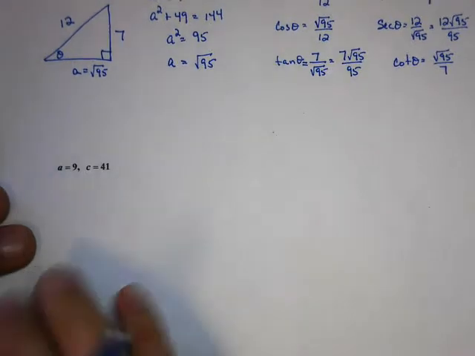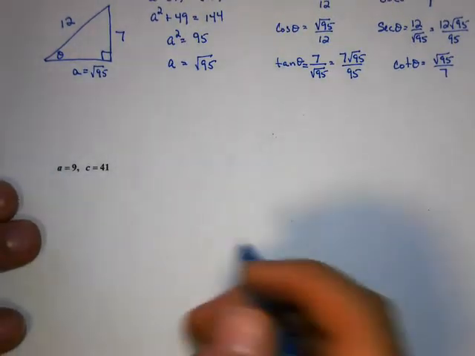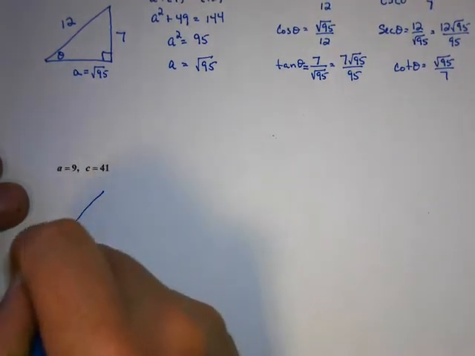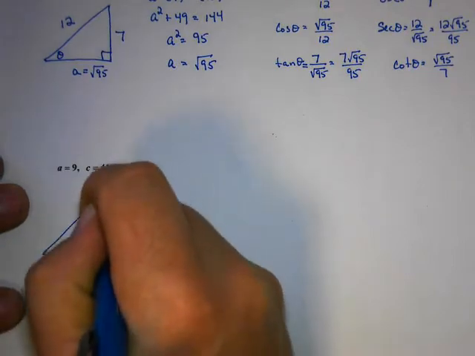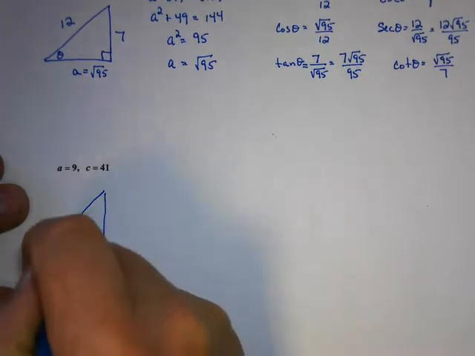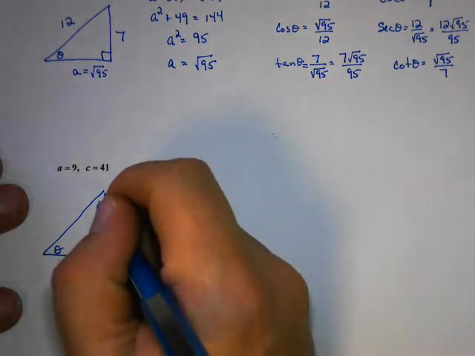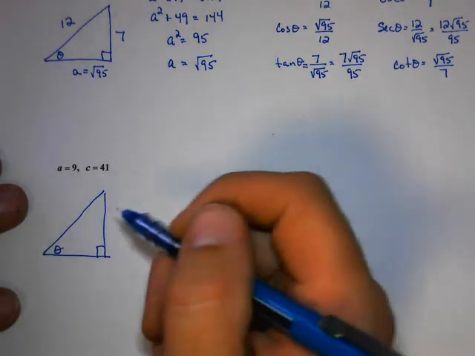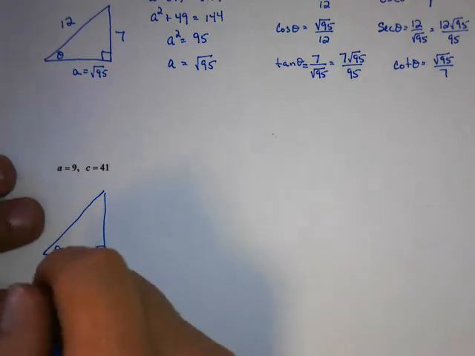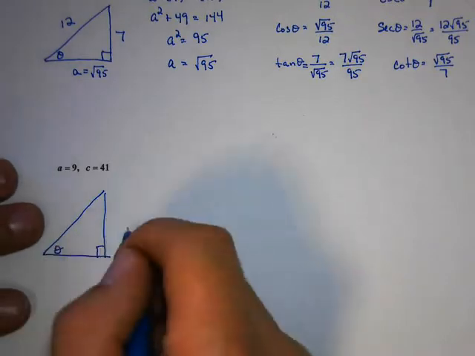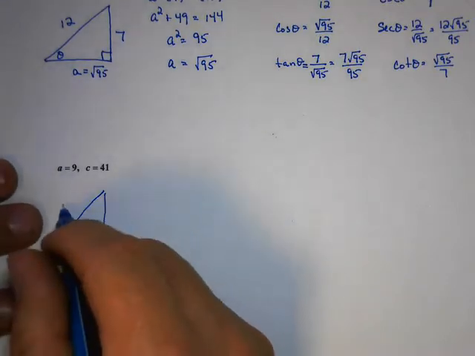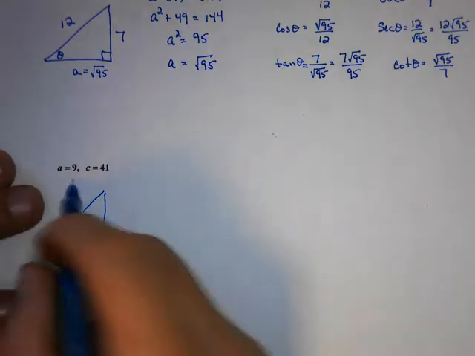Now if we have A is 9, C is 41, so here's theta. We could use it from this angle up here, but to this angle, it's the opposite, the adjacent, the hypotenuse that you want to refer to.